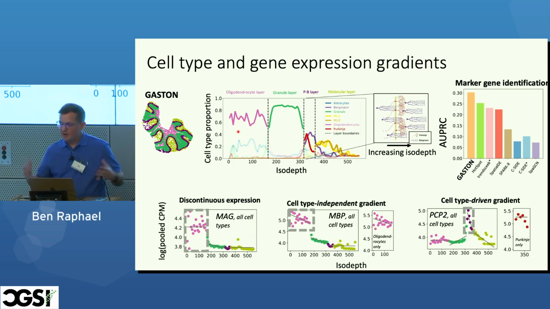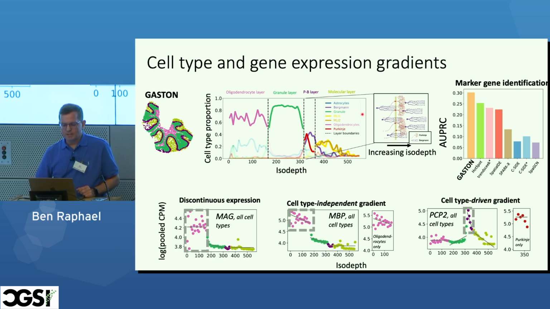So then now, having collapsed all of these layers, like everything in this green has a depth coordinate, we can watch as we go along from outside in, from pink to green and so on, pooling information across all the spots from the same isodepth in the layer. We can plot the gene expression.